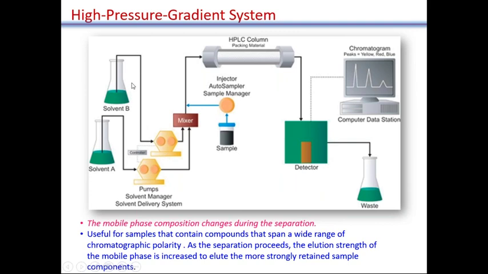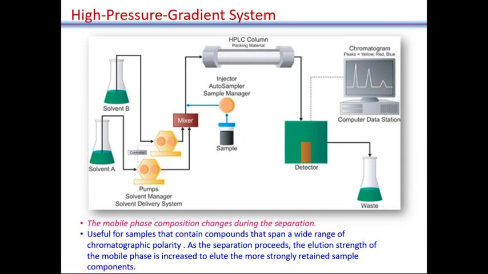These two pumps will control the flow rate of solvent A and B. There will be a mixer to mix these two solvents, and the concentration of the solvent will change as the run proceeds. So you start with say 100% A, and you can add B in small aliquots, and by the end of the run you can have 100% B and 0% of A. So this is what gradient is.